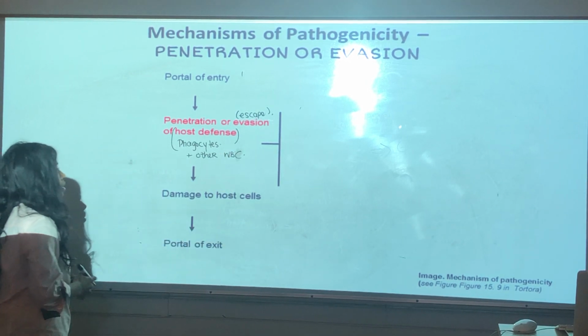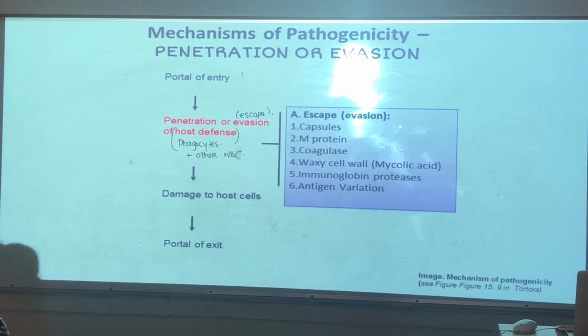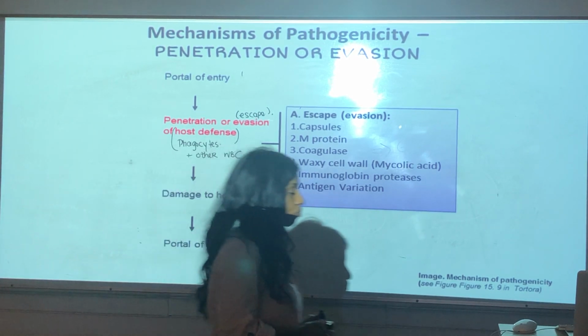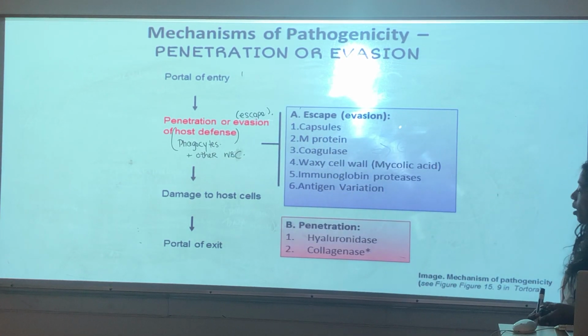There are a number of mechanisms that the foreign invader can use, and mostly for escape, these are some of the mechanisms that they're using to escape their phagocytes. And then for penetration, hyaluronidase, and I put a star next to collagenase because collagenase can also be used as an escape mechanism.